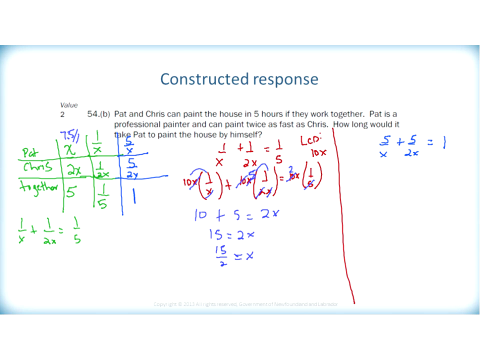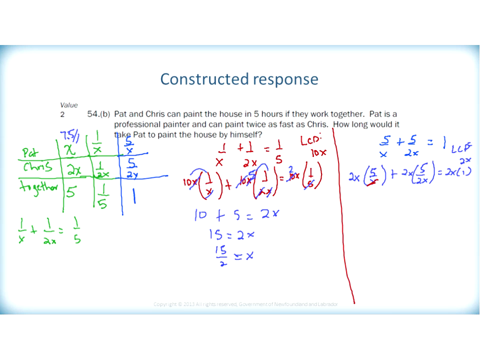We could also look over here at the next one. We have to find the LCD. The LCD here will be 2X, and so we do the same. We still multiply each term of the equation by 2X. And we cancel out common factors again.